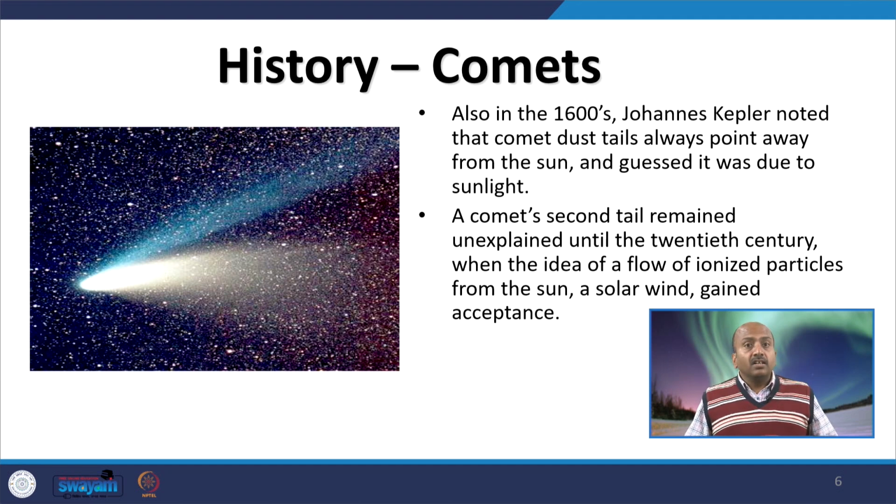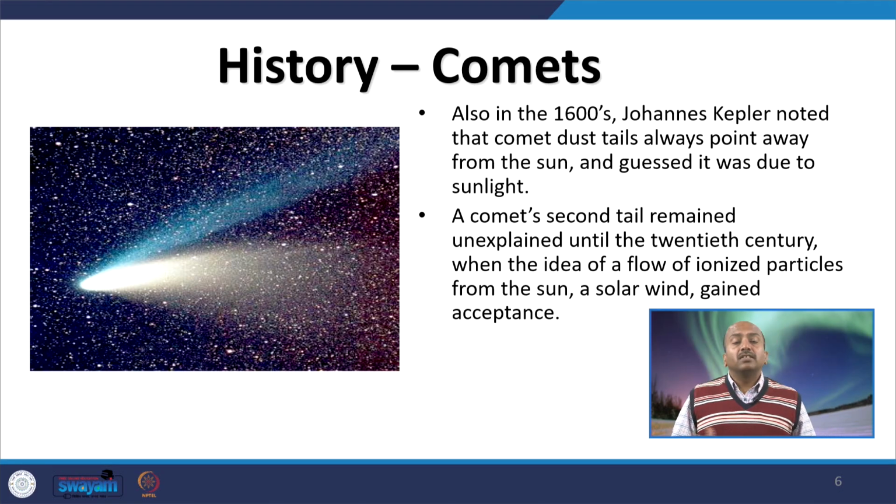The comet's second tail, which looks blue in color, remained unexplained until the 20th century, when the idea of a flow of ionized particles from the sun, which is basically the solar wind, was accepted. Then people realized this blue tail is because of the ionized particles flowing away from the sun, which we call solar wind.